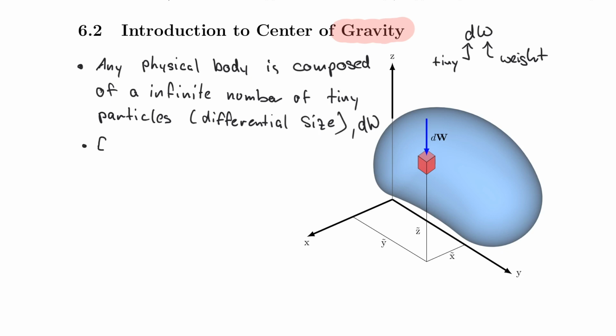So each particle dW has a specific distance to the coordinate origin.